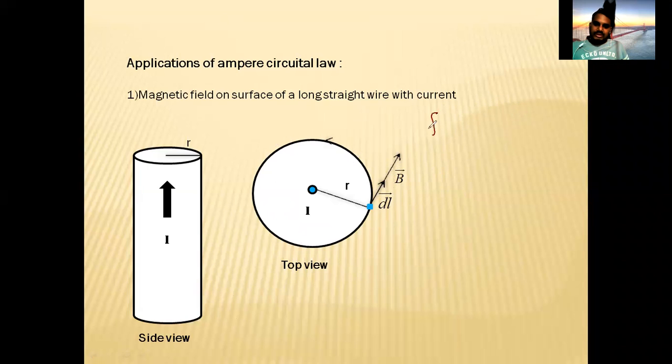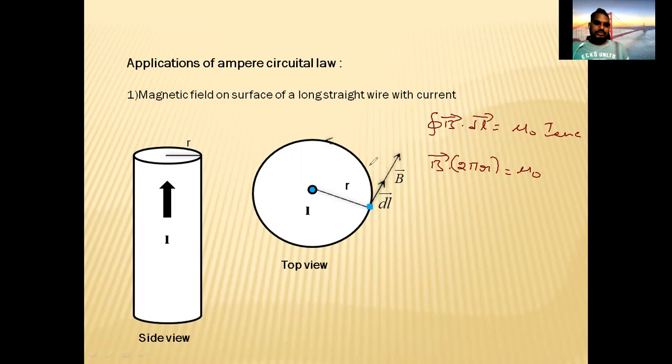What is the basic formula? We have the closed integral of B dot dl equal to mu naught times I enclosed. B is constant, and the integral of dl will give you the circumference, because when you start from a point on the circle and finish the complete circle, you get the circumference. So B times 2 pi r is equal to mu naught times I enclosed. What is the current passing through the complete conductor here?